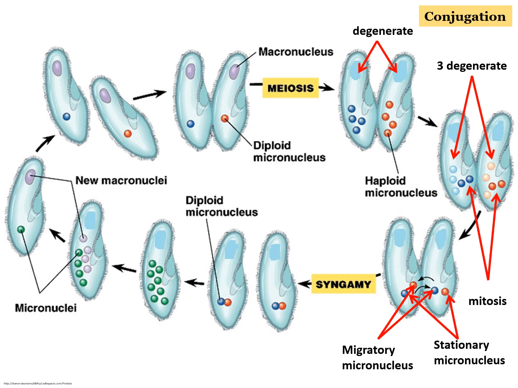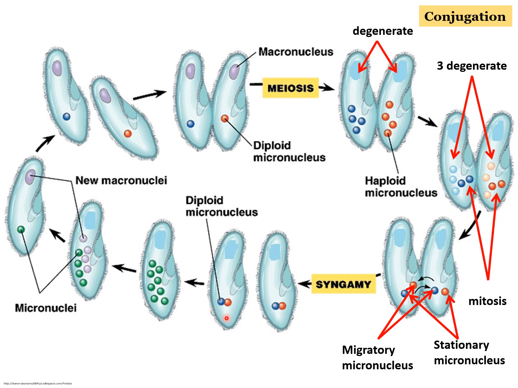Once the transfer is done, the two paramecium will separate from each other. And in each of the paramecium now, there are 2 haploid micronuclei. First, its original stationary micronucleus, and the second one is the transferred migratory micronucleus.